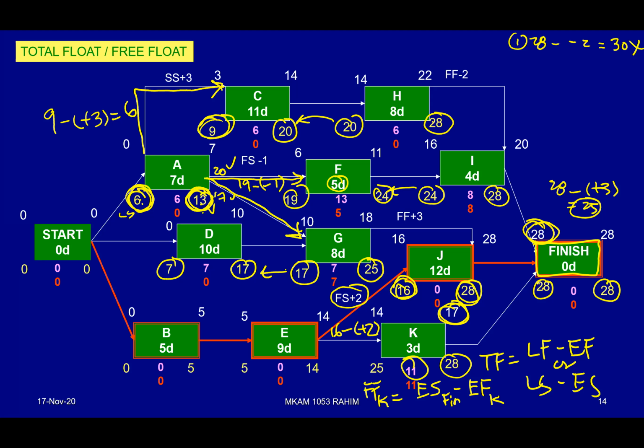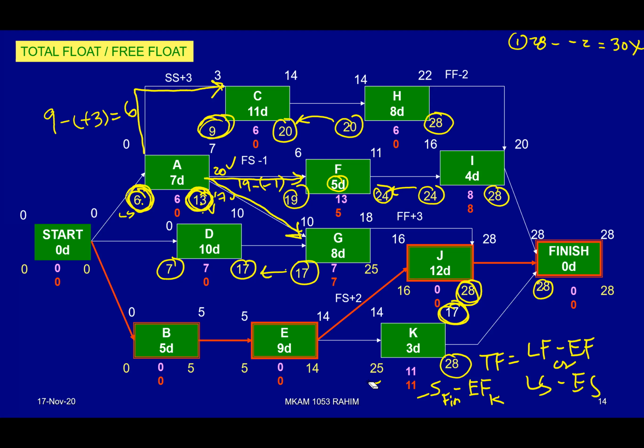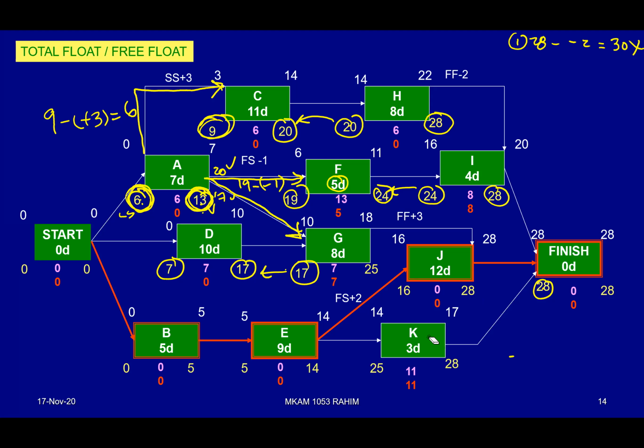But then there is an issue. There will always be an issue with regard to lag and lead. Everything you need to take into consideration when you calculate, especially free float. Total float is easy. For total float, you do everything inside the box.